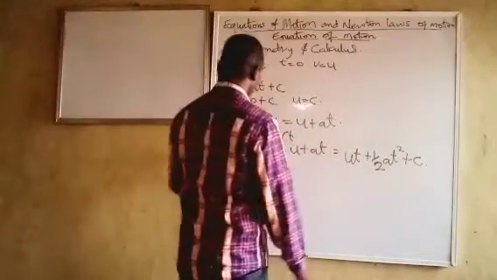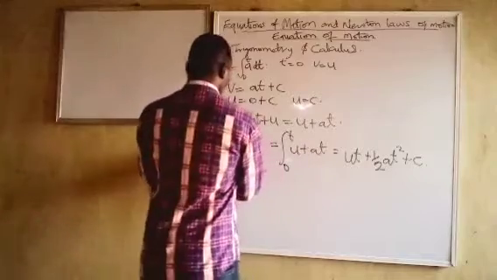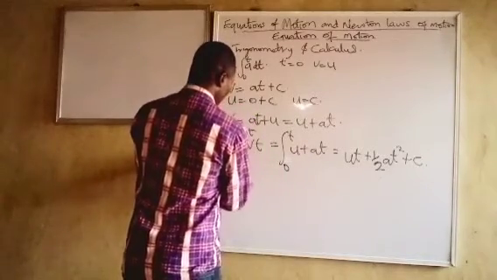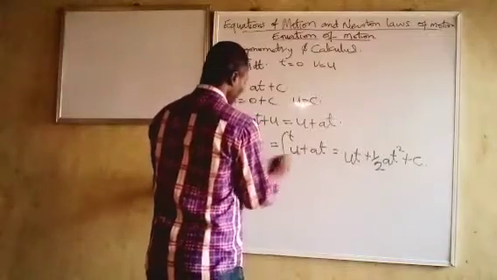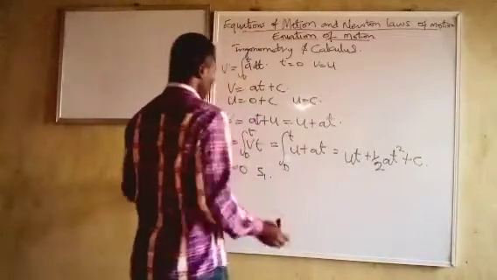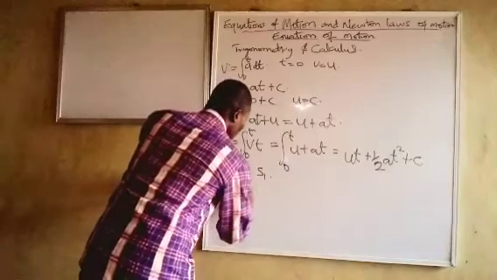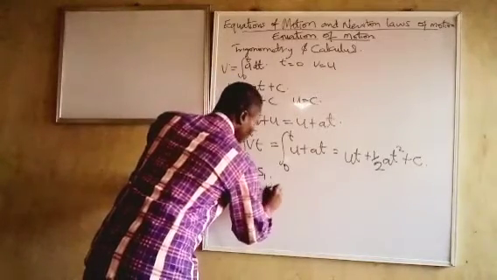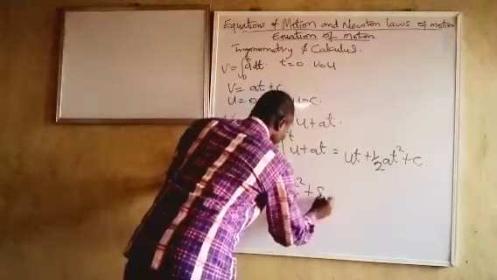So what happens now? When t is equal to 0, if s is equal to s1, what do we have now? We are going to have s equals ut plus half at squared plus s1.